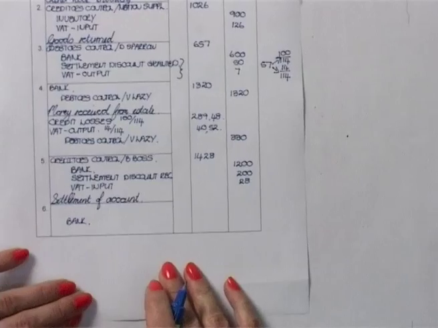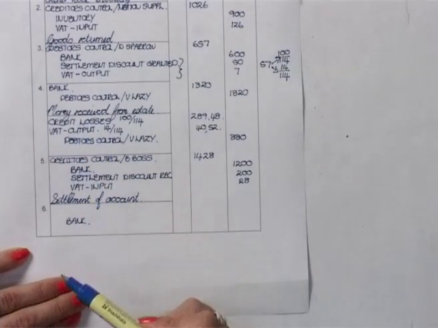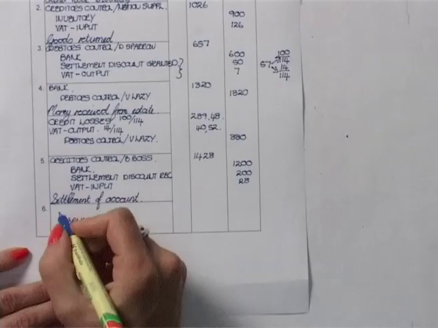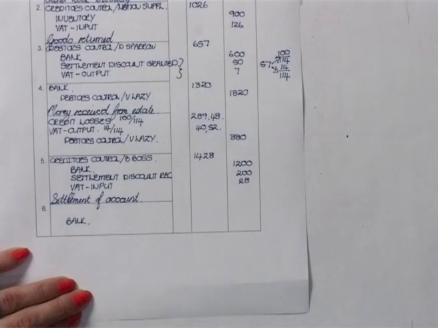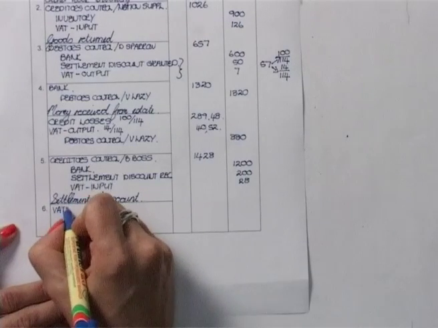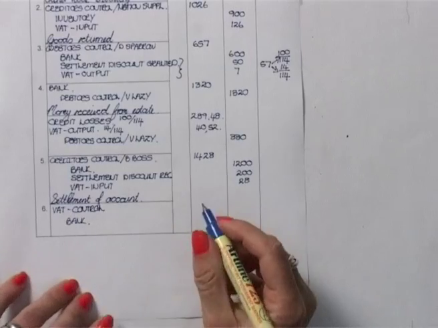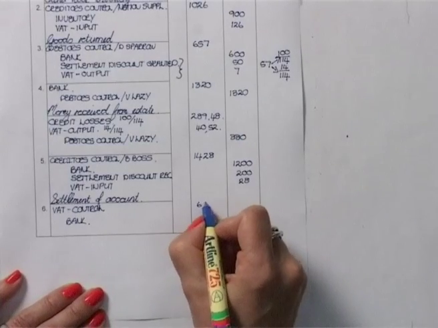And of the 3 accounts that we can use for VAT, VAT input, VAT output, or VAT control, the VAT control account is the account where you determine whether you owe SARS or they owe you. So we will pay this against our VAT control account. 688.